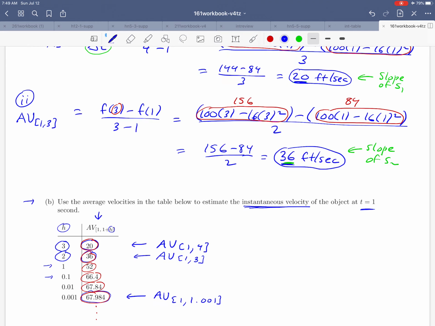We said a lot there, so let's see if we can put that into words. The average velocities in the table appear to be approaching 68.